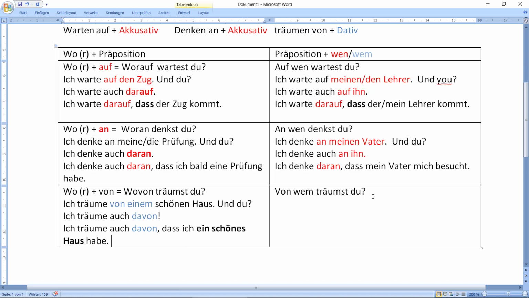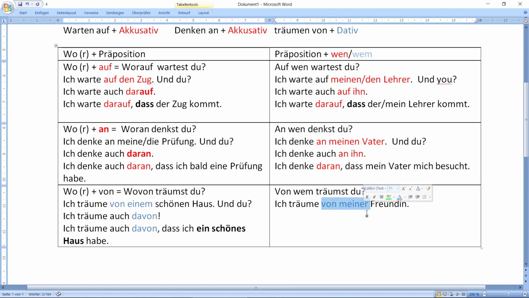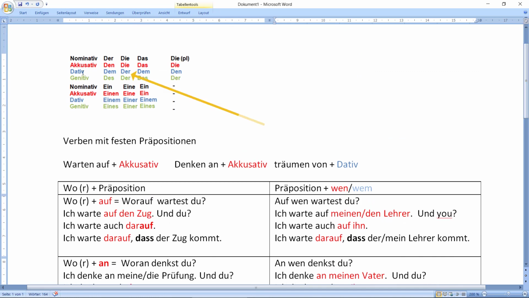So, von wem träumst du? Ich träume von meiner Freundin. I am dreaming of my girlfriend or von meinem Freund, boyfriend. So, ich träume von meiner, also von der. It is die Freundin. So you can see it's die Freundin, but Dativ der Freundin.